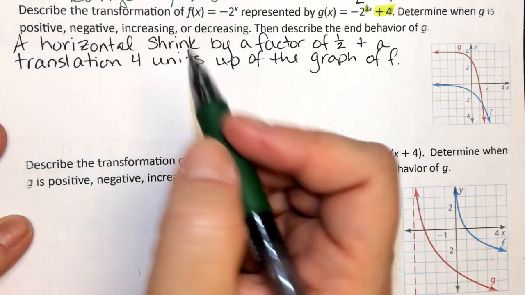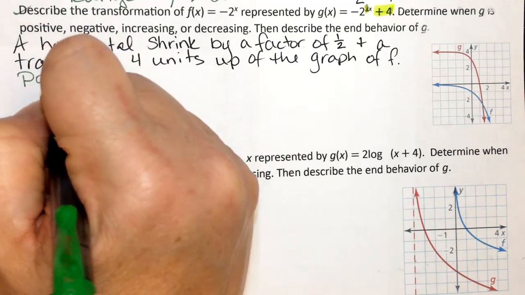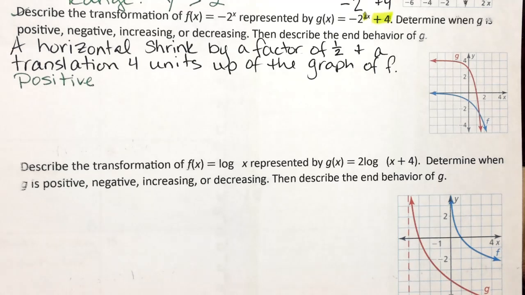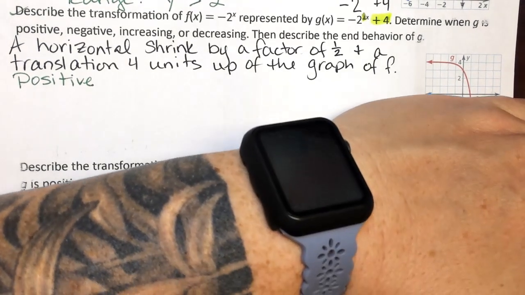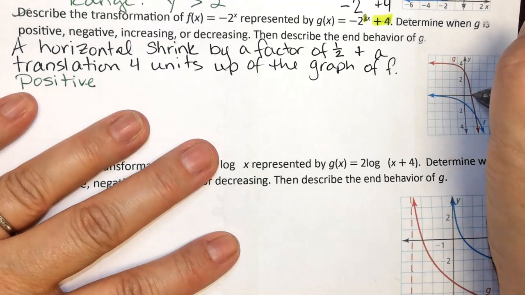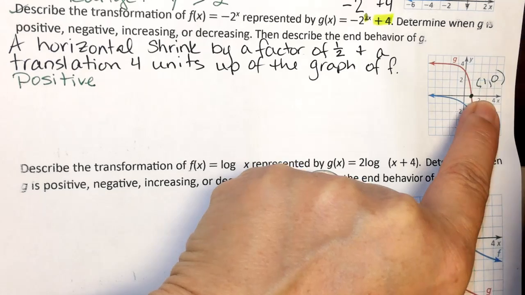Okay, so we described the transformation. Now we need to look at when our graph is positive. Remember, positive is when your graph is above the x-axis. So we need to see what the x-intercept is. Right here, I know this is the point (1, 0).